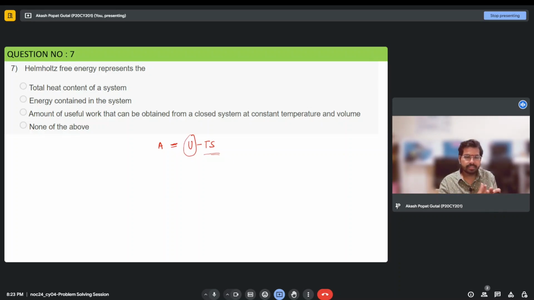That part of the system where the entropy got increased, that energy is not useful for doing work. Once the energy is used for increasing the entropy, that energy is no more useful to do the work.